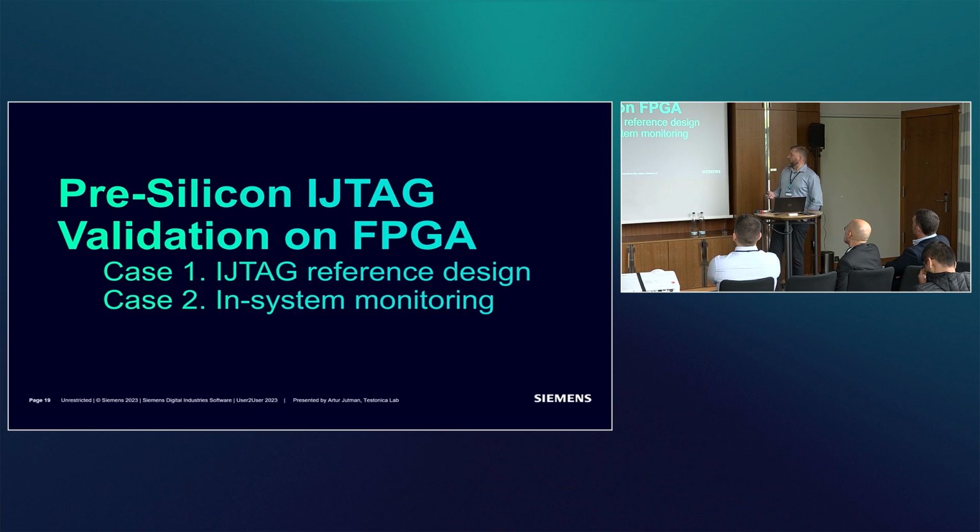We made this reference design together with Advantest to make sure that the tester can handle IJTAG networks, or the silicon that has the IJTAG infrastructure, in the correct way.